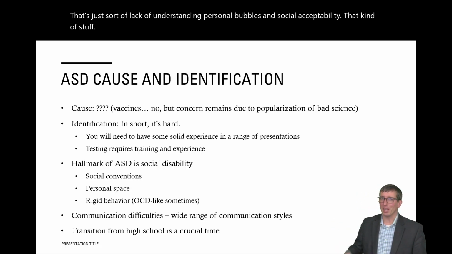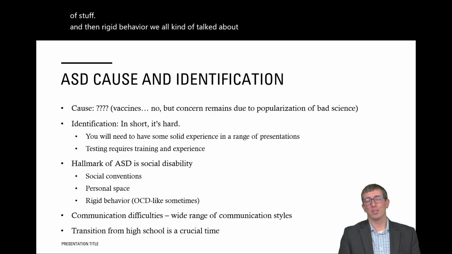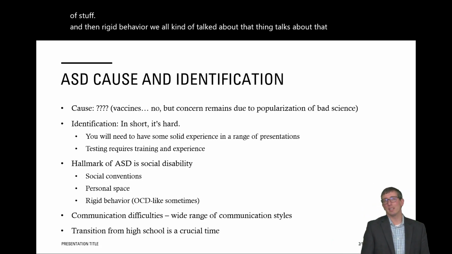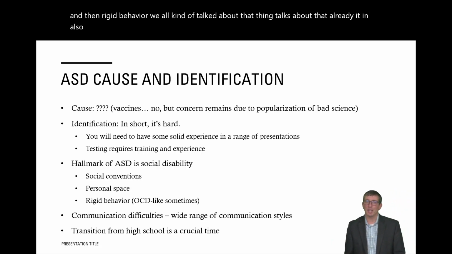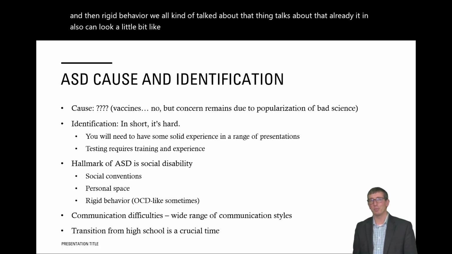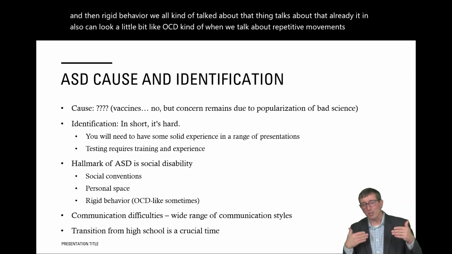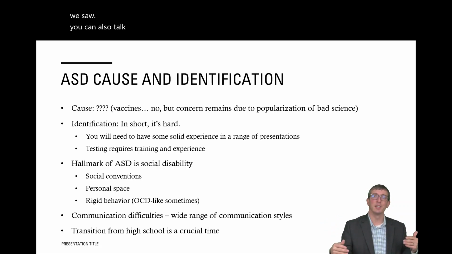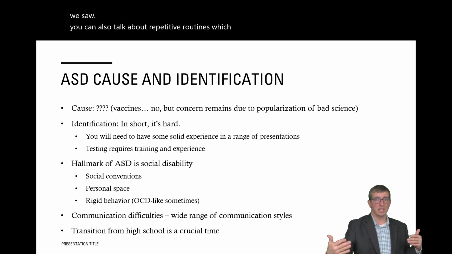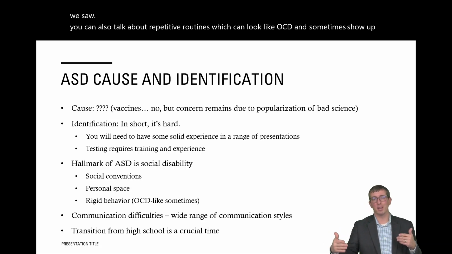And then rigid behavior, we talked about that already. It also can look a little bit like OCD. When we talk about repetitive movements of the body, we can also talk about repetitive routines, which can look like OCD and sometimes show up that way, but not be OCD.